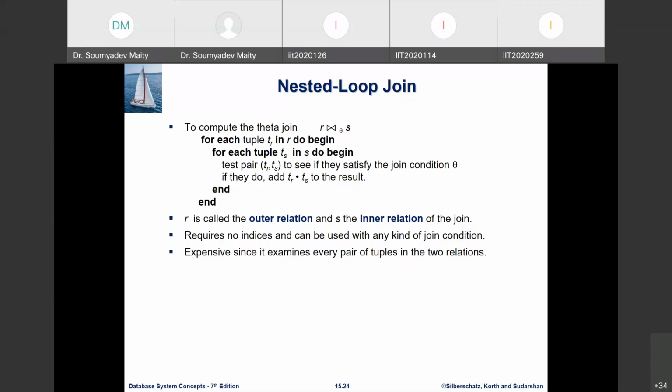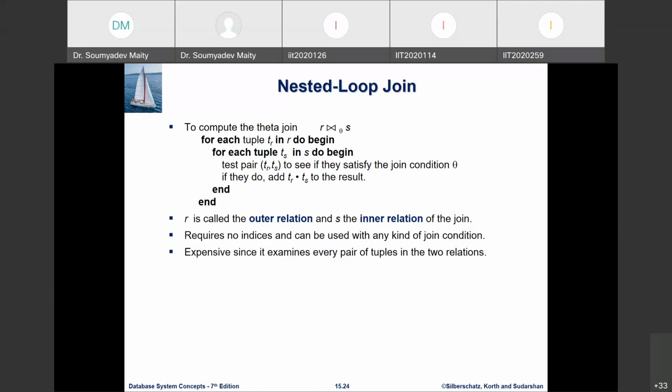As I have stated at the beginning of the discussion, in order to implement a particular operation, there may be multiple algorithms available, but there is no universally optimal algorithm. One algorithm is optimal in one scenario, other algorithms are optimal in other scenarios. So each algorithm has its own advantages and disadvantages.